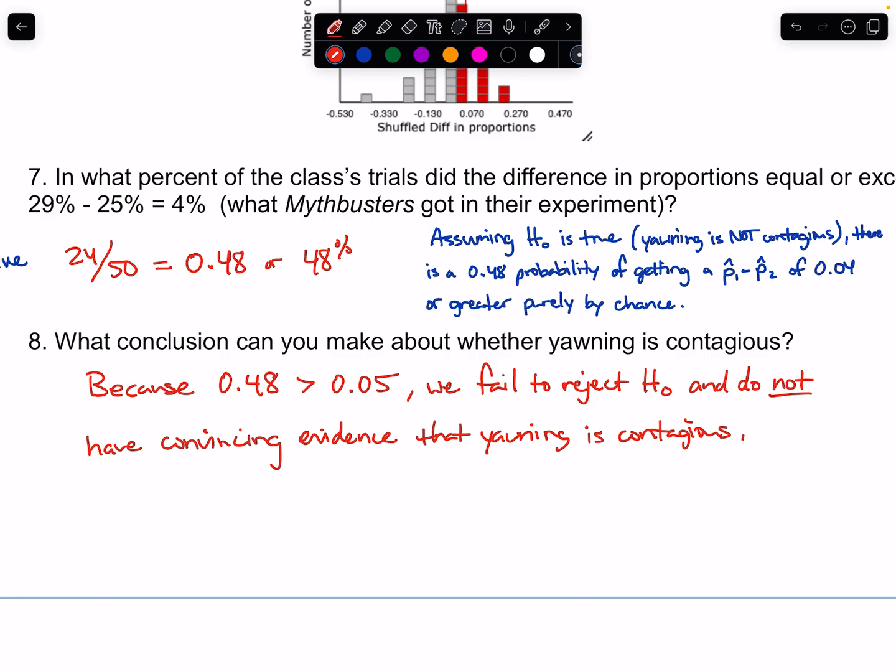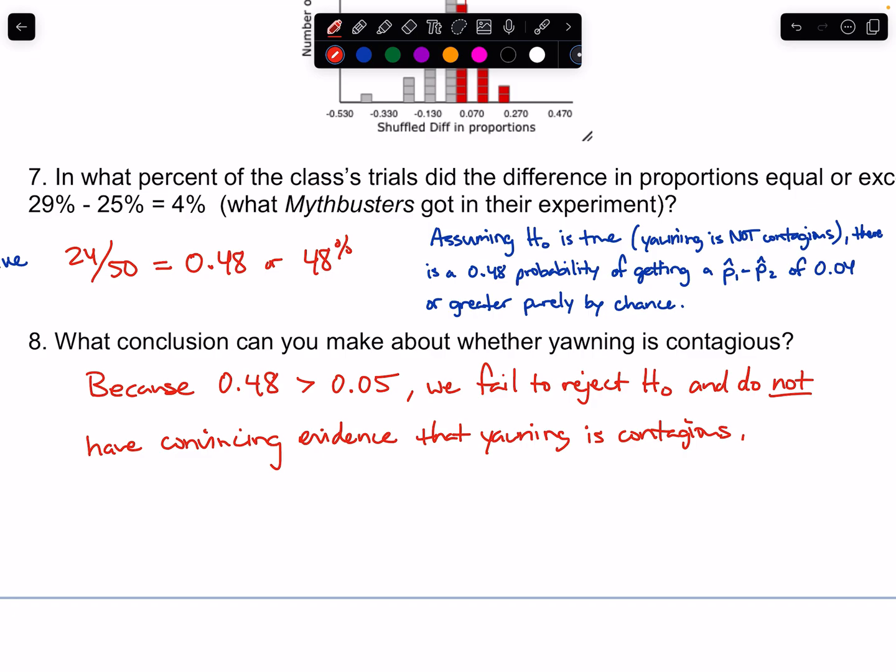And again, even personally, one of the tricky things about stats and this kind of significance testing is that we're failing to reject the null hypothesis. I assumed yawning was not contagious, and I'm failing to say that that statement is false.